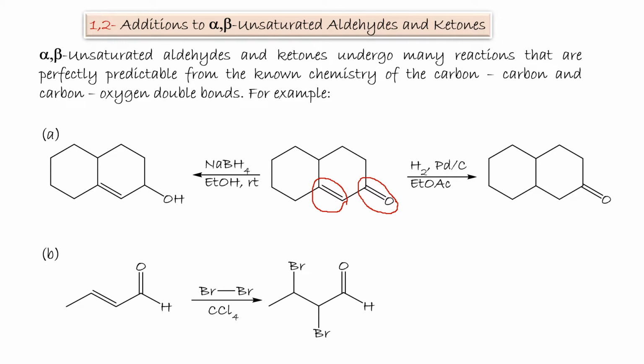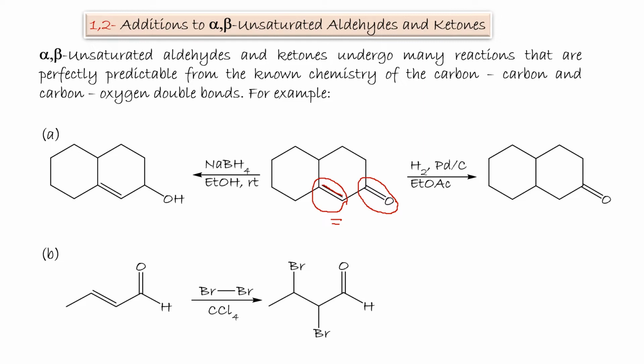Yes, in some cases. For example, if we react this compound with hydrogen, palladium on carbon in ethyl acetate, hydrogenation gives the saturated carbonyl compound. So it is a reduction of only the C=C double bond.